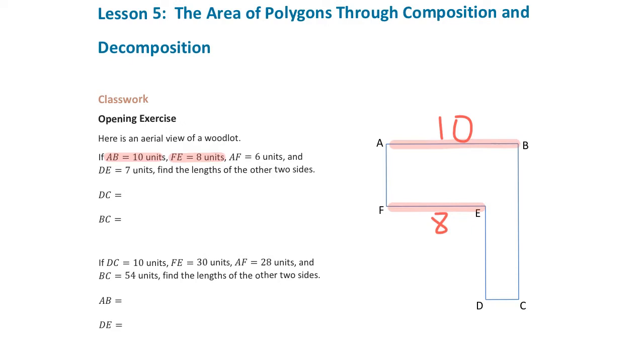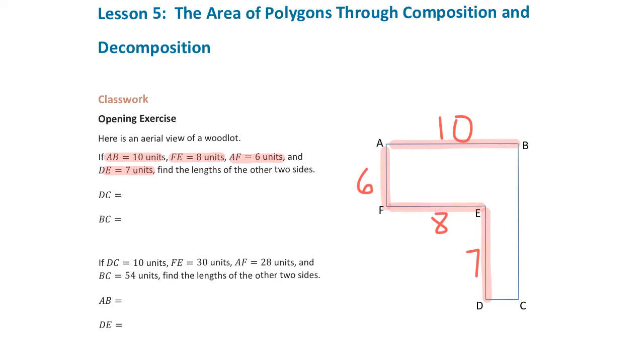The next thing it tells me, AF is 6 units. So I find where A to F is and I label it 6. And then next one is DE. So that's right here, and it tells me that that one is 7. Okay, so now I've labeled everything that they've given me.